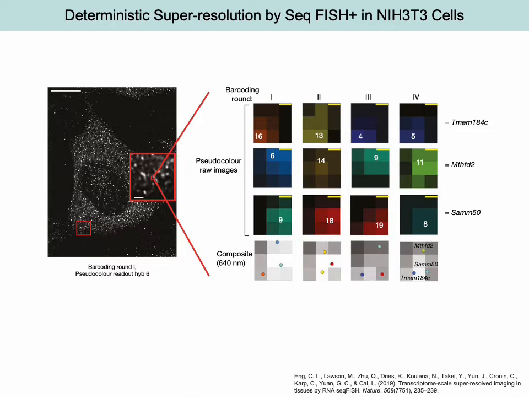Probably the one time you can get away with it is in really thin cells, so you can't apply this to tissue because of the autofluorescence background. It's just going to be really hard to actually apply this in day-to-day science.